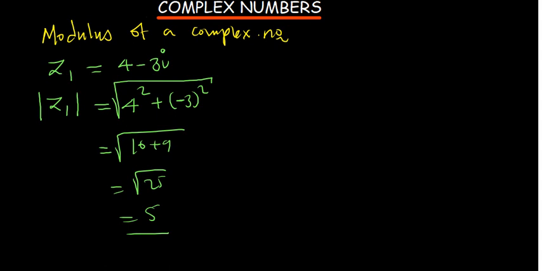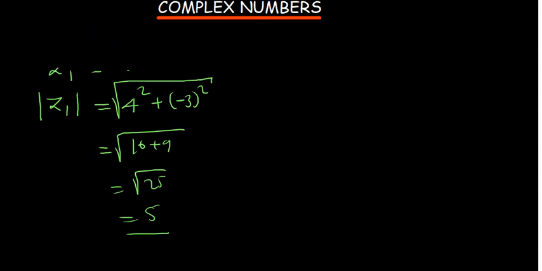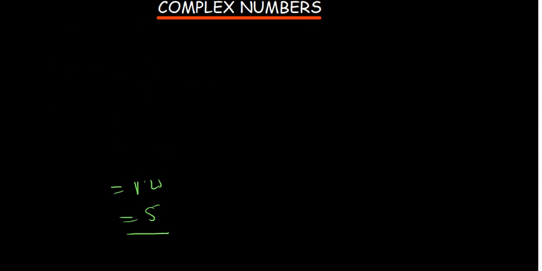Apart from the modulus of a complex number, we also need to understand what is called the conjugate of a complex number. They are going to ask us at times to find the conjugate. The conjugate of a complex number is like what we talk about when rationalizing surds.